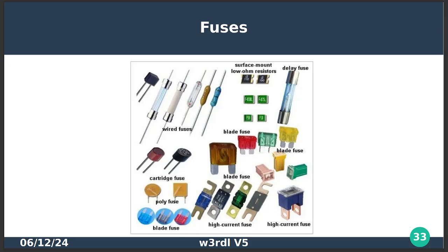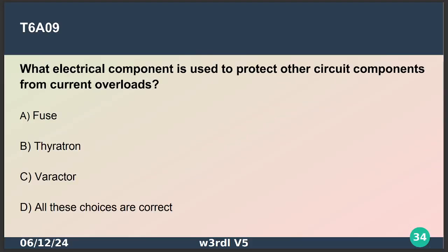And I don't think I've ever seen the poly fuses, and if I did, I probably thought they were capacitors because I don't remember ever replacing any that looked like that. And then you probably have a couple of those high current fuses in your car somewhere. But anyway, those are all different types of fuses. What electrical component is used to protect other circuit components from current overloads?